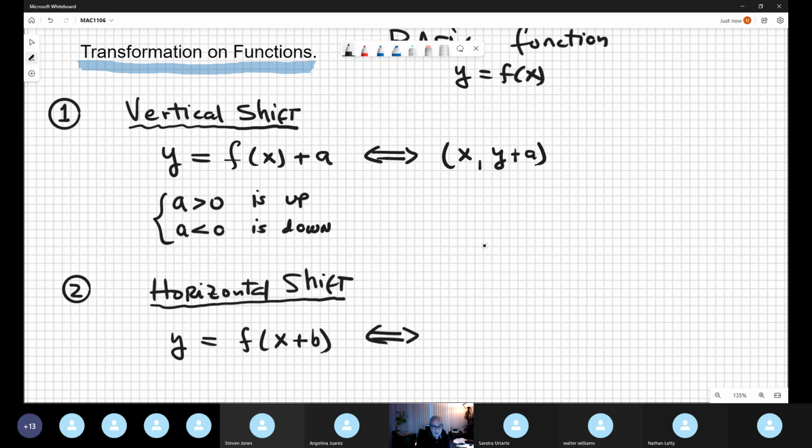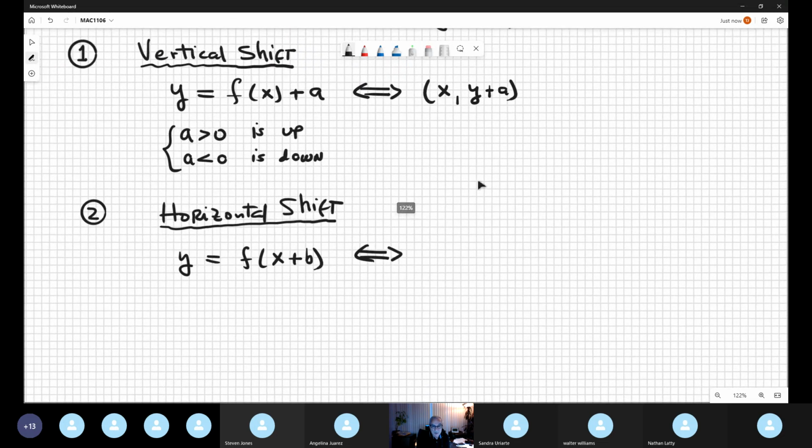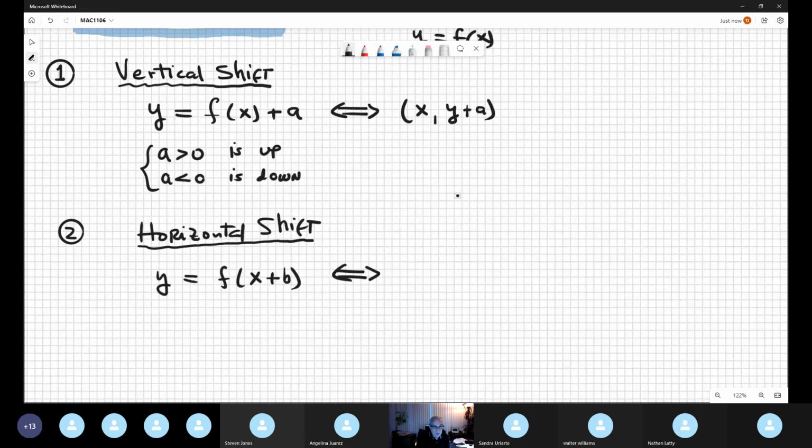Okay, the motion is a little bit completely counterintuitive. When b is positive, you're moving to the left. And when b is negative, you move to the right. Okay, so the point is x minus b comma y.